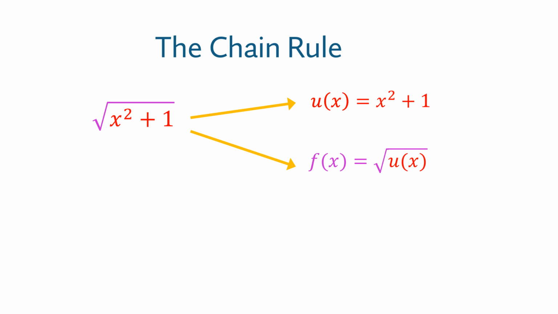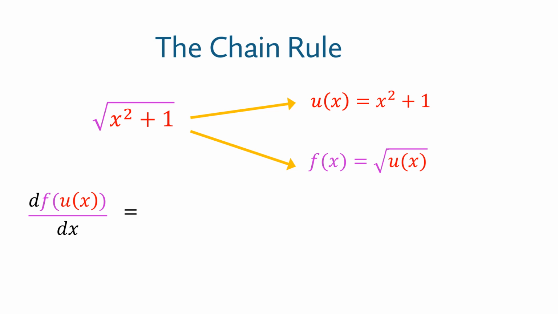So we can see that this u is inside of this outer function, and often you see that as compositions of functions, f of u of x. So let's see what the chain rule says for these compositions of functions.